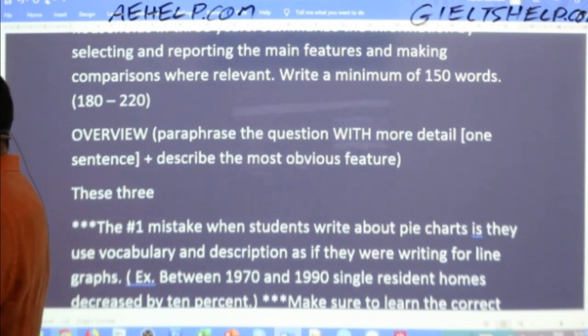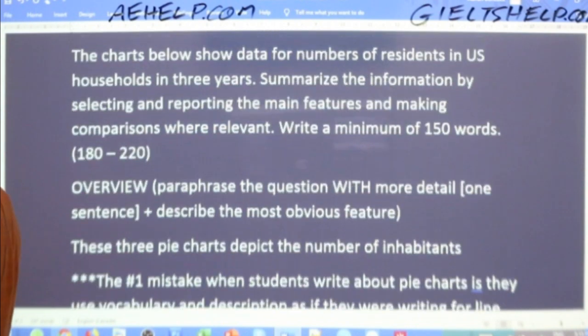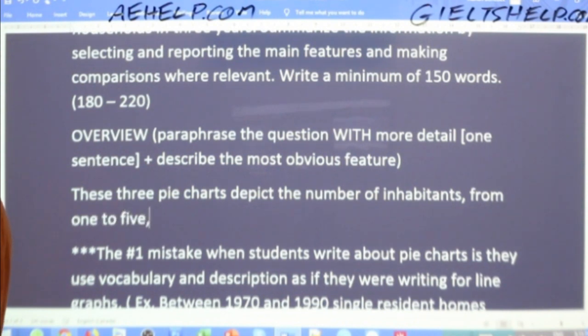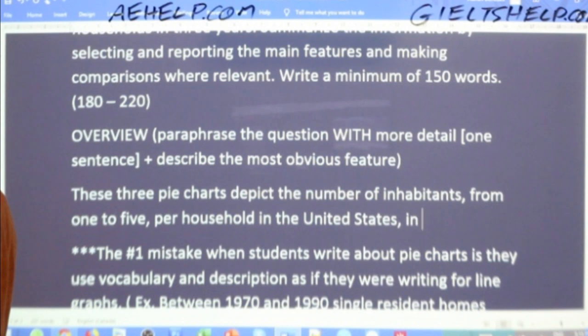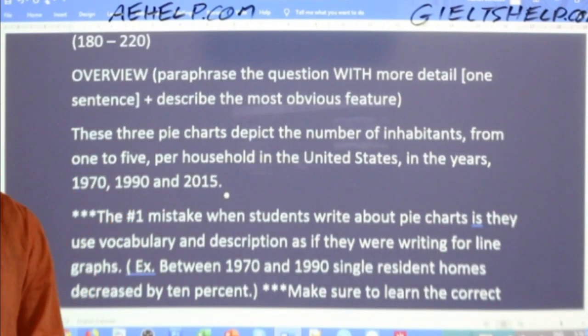These 3 pie charts depict the number of inhabitants from 1 to 5 per household in the United States in the years 1970, 1990, and 2015. Okay, so that's your first sentence.